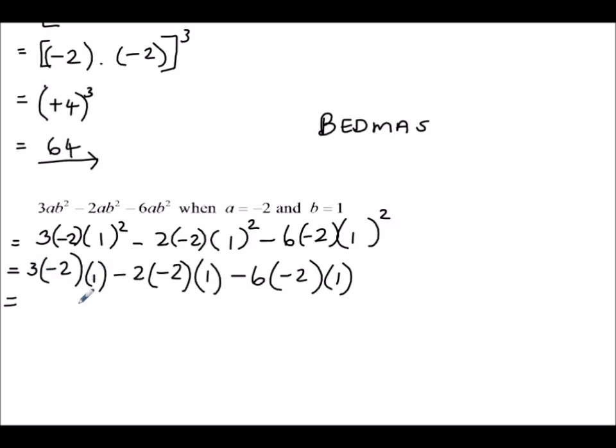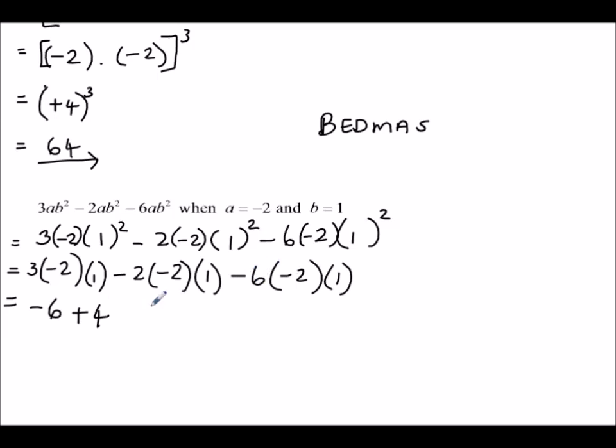I have an odd number of negatives, so the result in this term is negative. 3 times 2 is 6 times 1 is 6. A negative multiplied by a negative is positive, or I have an even number of negatives, so my result is positive. 2 2s are 4 times 1 is 4.